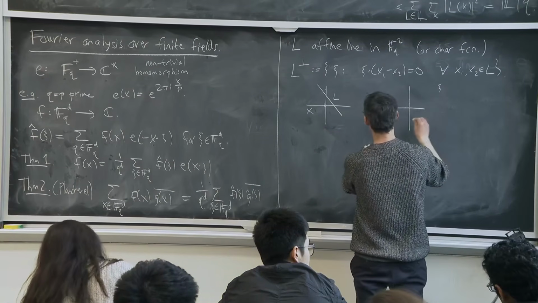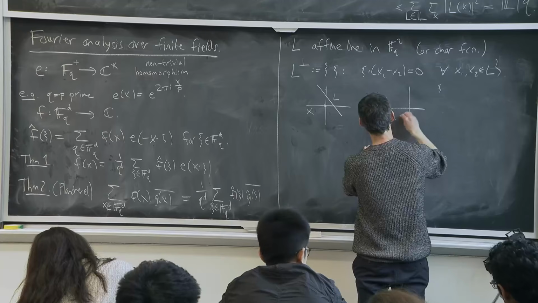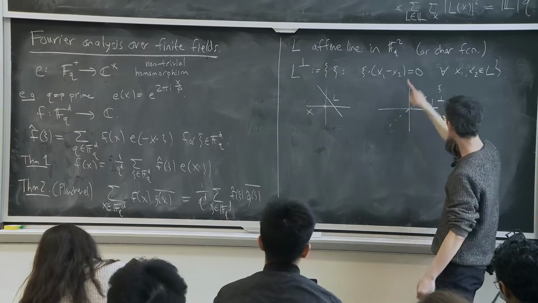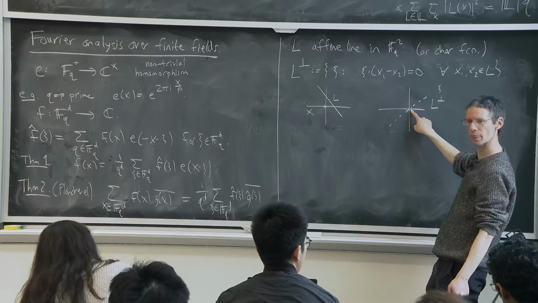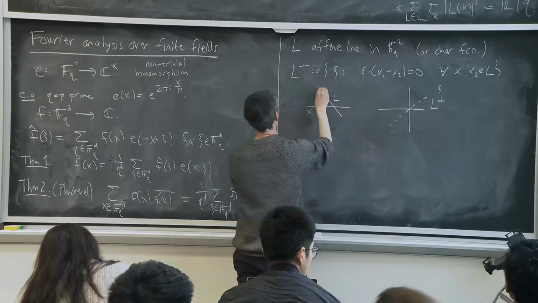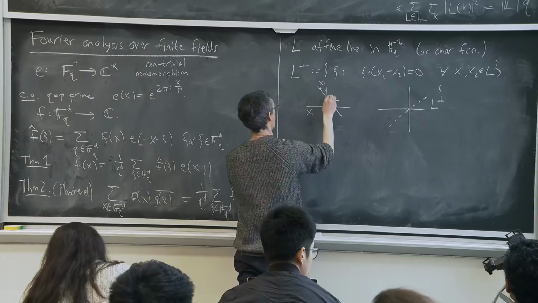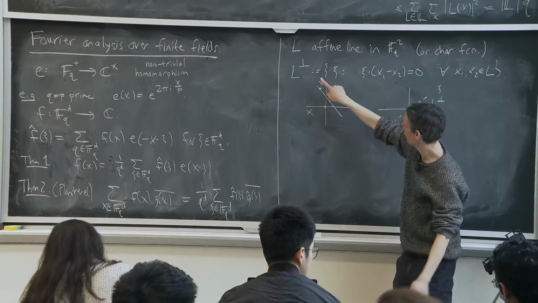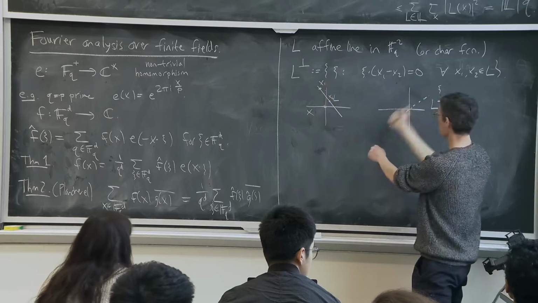And then over here in xi space, I would have L perp. Notice that L perp always goes through 0. And so here's my x1 and x2. So this direction here is a tangent direction to L. And then these are the perpendicular directions.